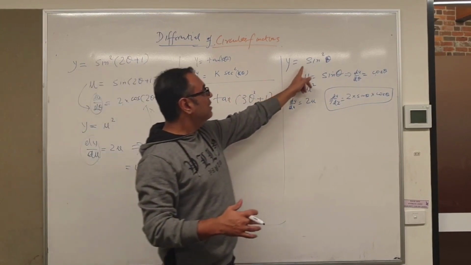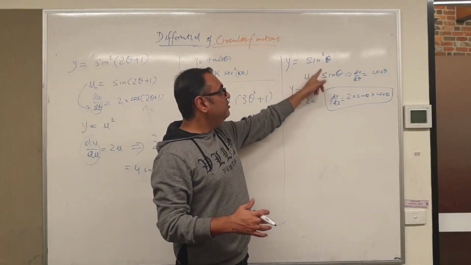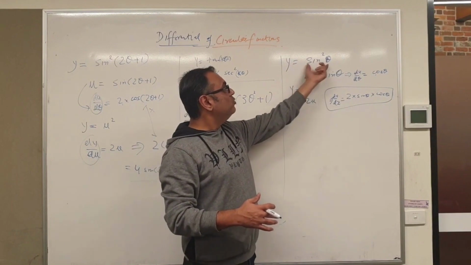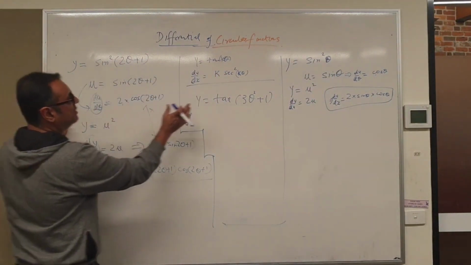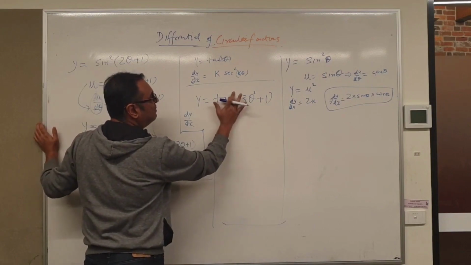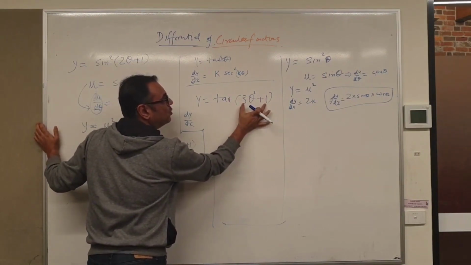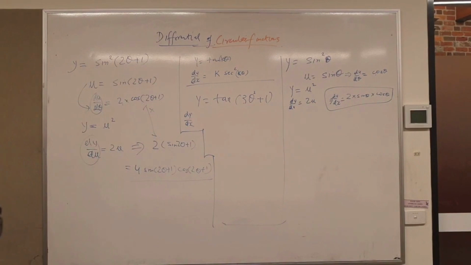For example, here. Then you assumed your u to be this function. But if you've got something like this, where you haven't got any power here, then this is the u, the inside bit. Romel, does that make sense? Yeah.